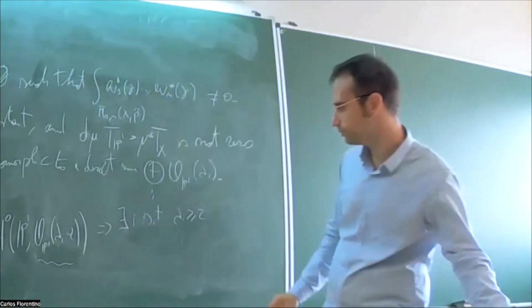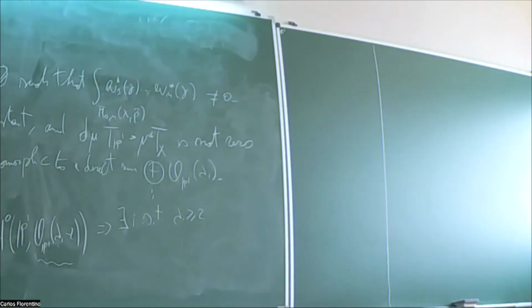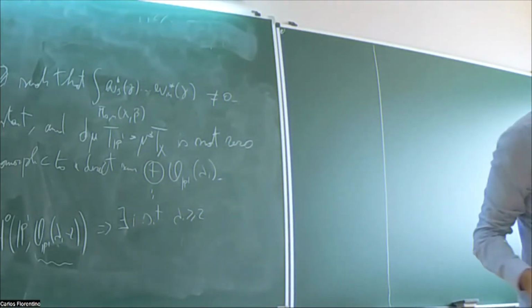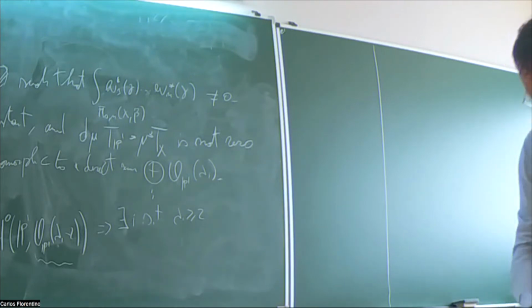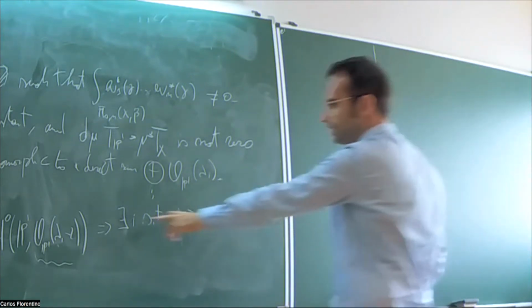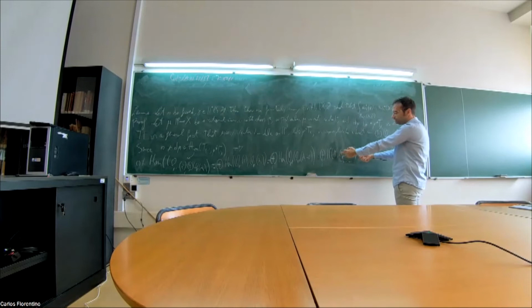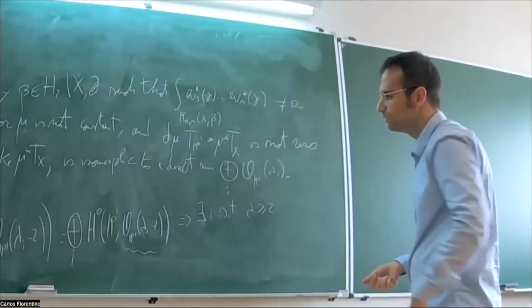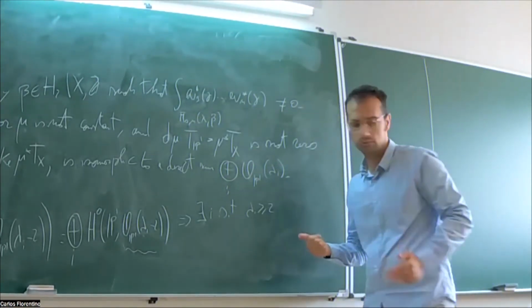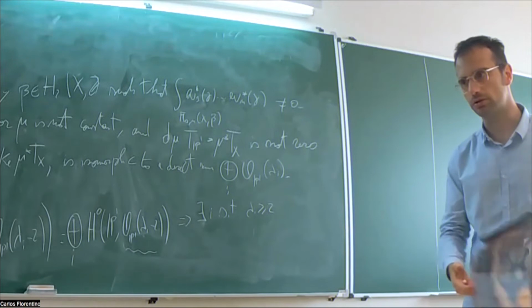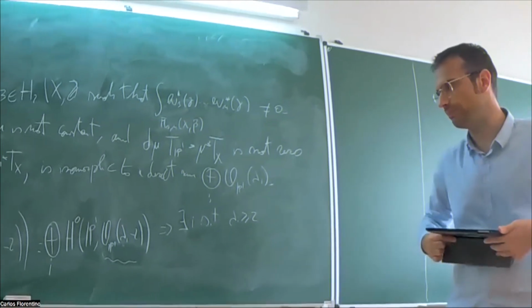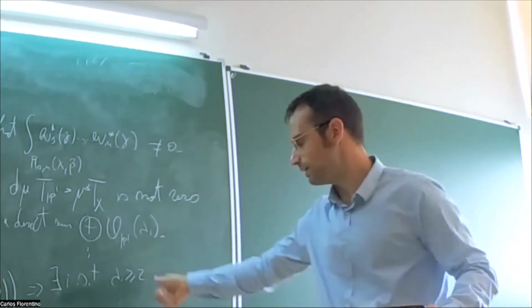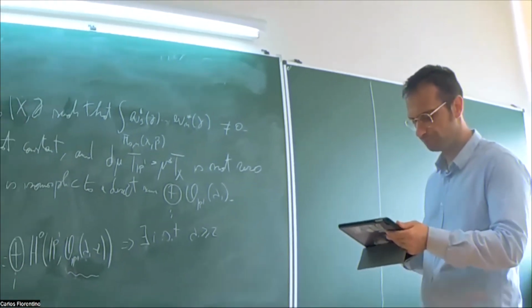It can be 2, no problem. In this case, we have H0 of O, that is C, and it's not 0. Or it can be greater; at least one, not exactly one, it can be more than one. Okay.